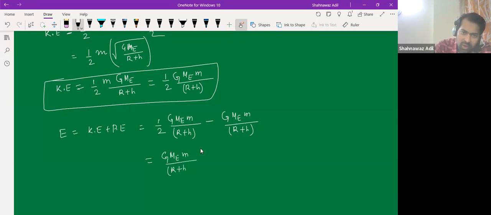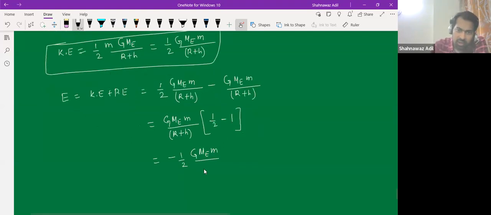We can take common G M_E m by R plus H. This is half minus 1. So what is half minus 1? Minus half. So this is minus half G M_E m divided by R plus H. So this is the total energy of the satellite.